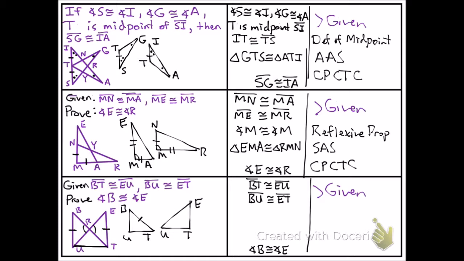We have BU and UE congruent. We have BU and ET congruent. Let's get the markings to match. We need something else. Well, that vertical angles didn't show up here, but what if I go UT is congruent to UT? So that would work. UT is congruent to UT, and that is reflexive property.